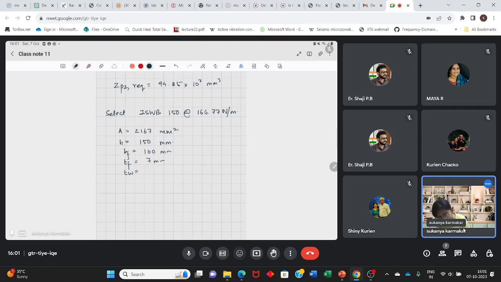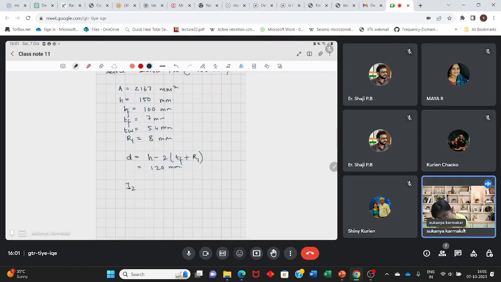TW is equal to 5.4 mm. R1 is equal to 8 mm. So what is the depth of the web? It is the total height minus 2 times thickness of the flange plus root radius. If you do the math, you will get 120 mm.